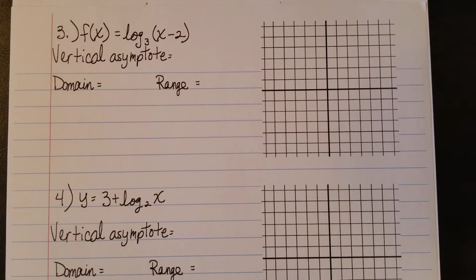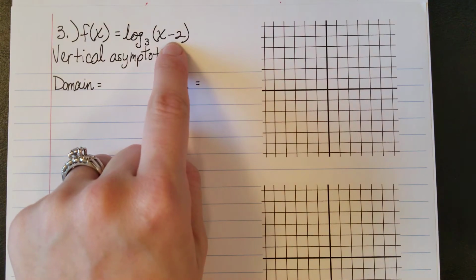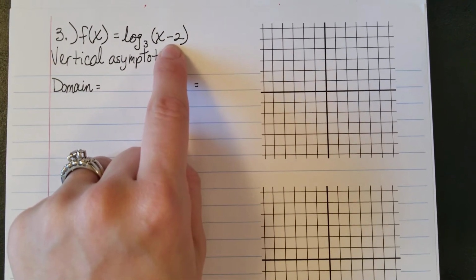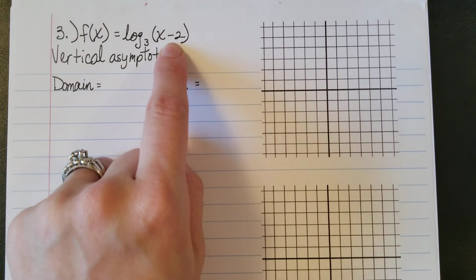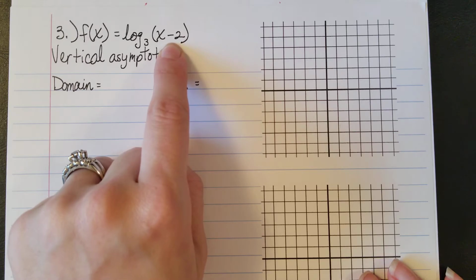Because the minus 2 is in the parentheses with the x, it applies to the x's, and everything that applies to the x's is the opposite of what it says. So if it says minus 2, we're going to add 2 to the x values.